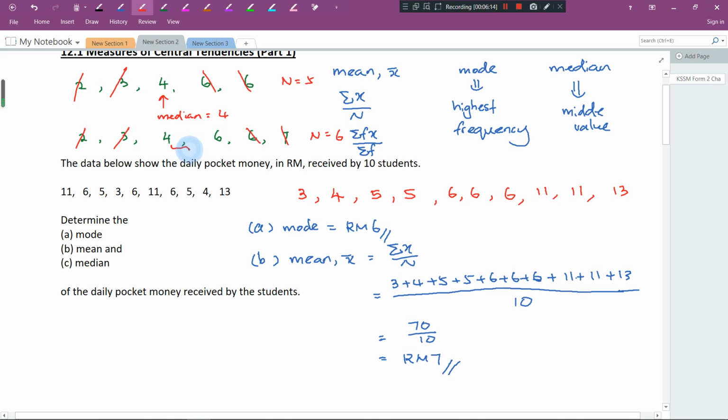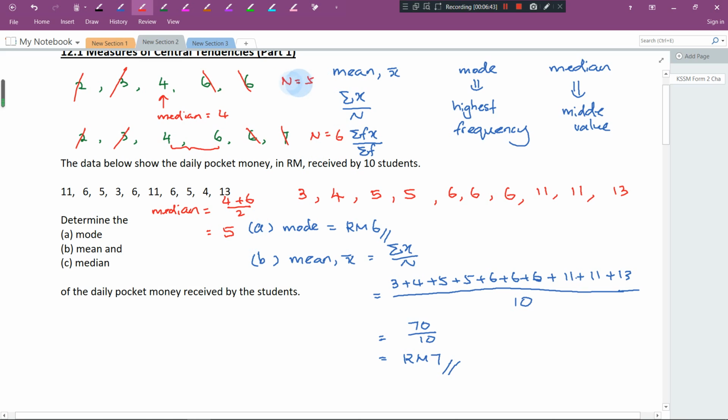You see, we have two middle values. So how to determine the median? To get the median, we find the mean of these two middle values. The median will be 4 plus 6 divided by 2. 4 plus 6 is 10. 10 divided by 2 will give you 5.